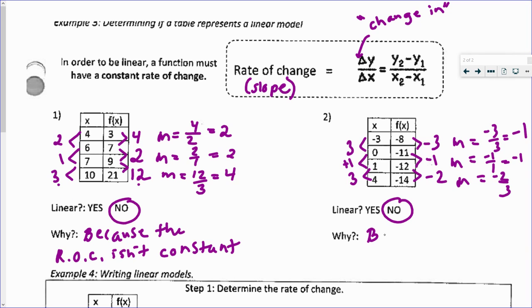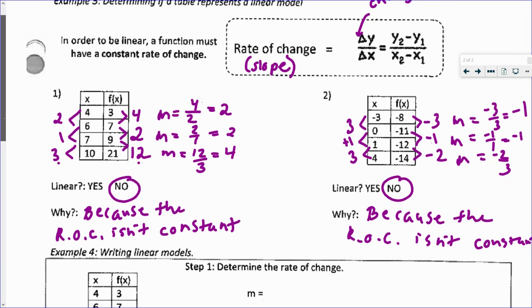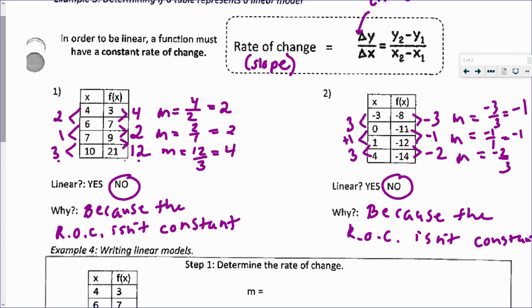So same reasoning. It's not linear because the rate of change isn't constant.